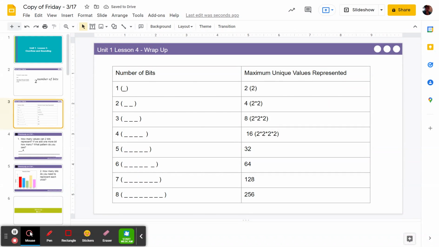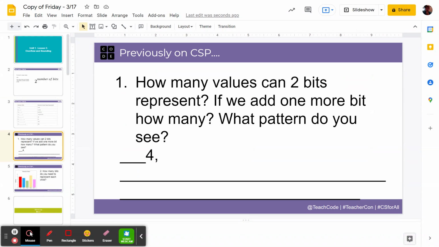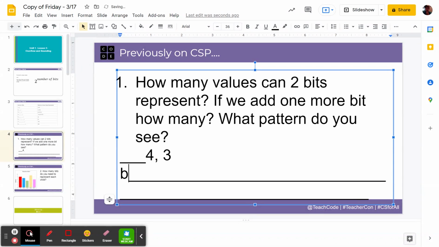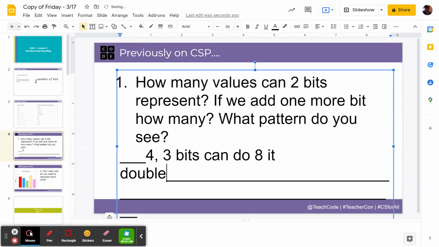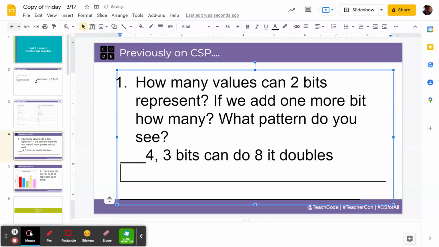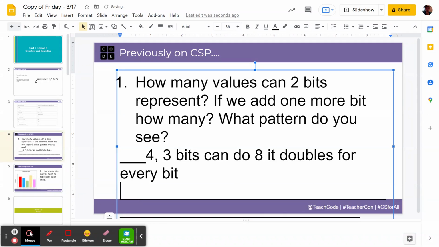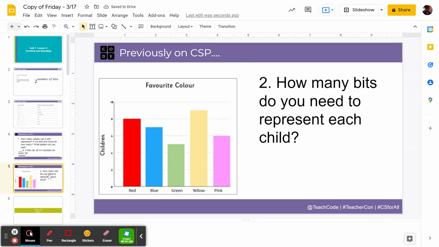Oh, I have 3 bits now, 8. It doubles every time you add a bit. Okay, so that's one of the questions for the warm-up.